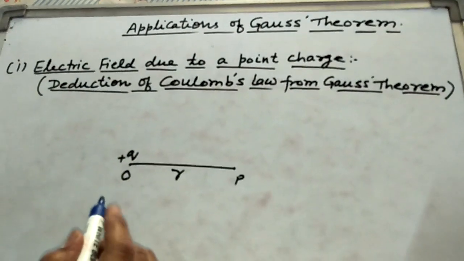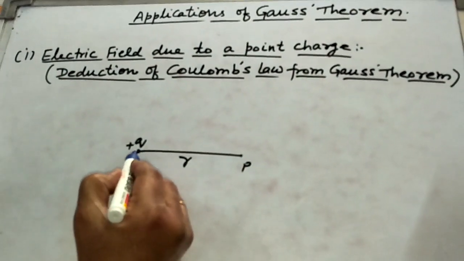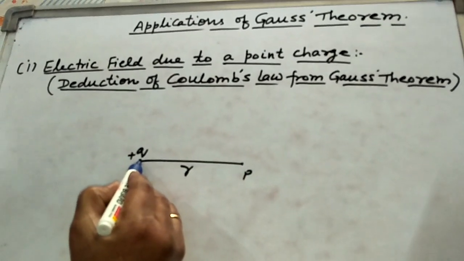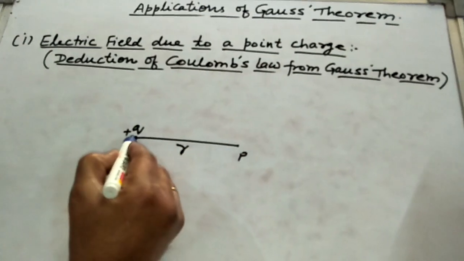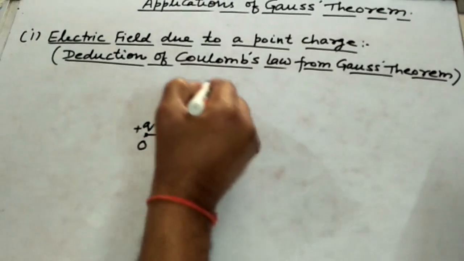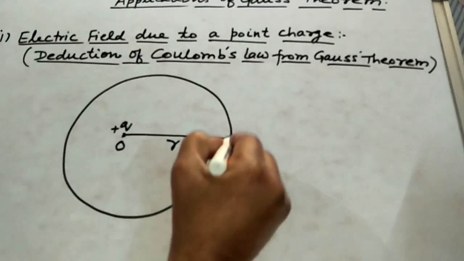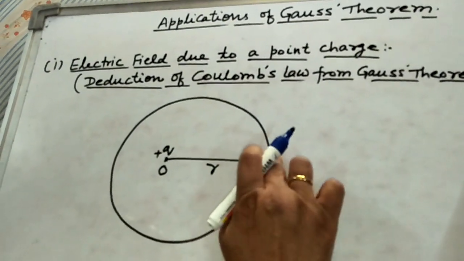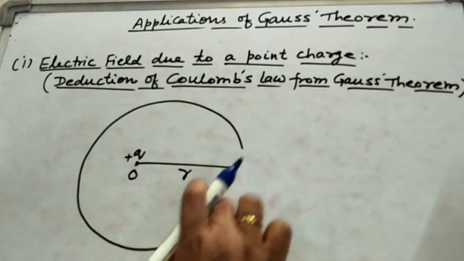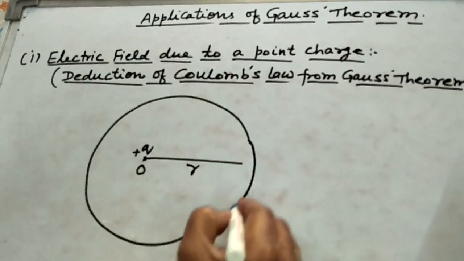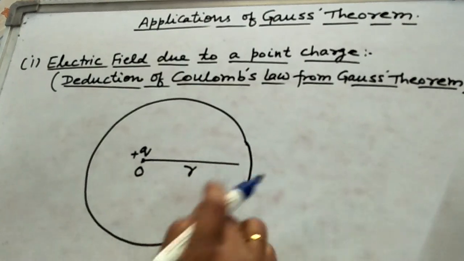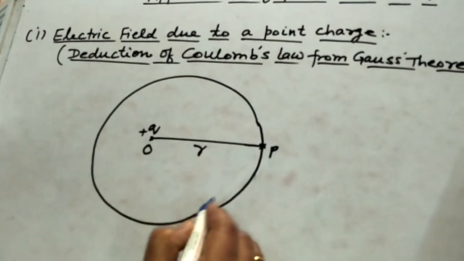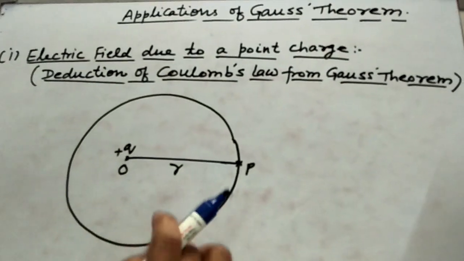So the first step here: you draw a Gaussian surface taking O as a center and this distance OP as a radius. Suppose this one is a Gaussian surface of radius r.